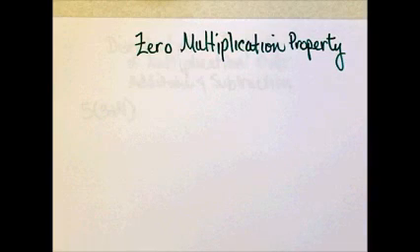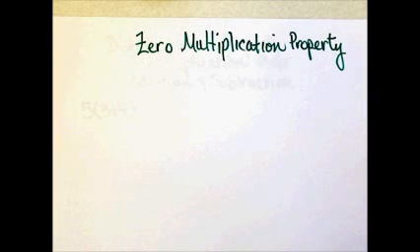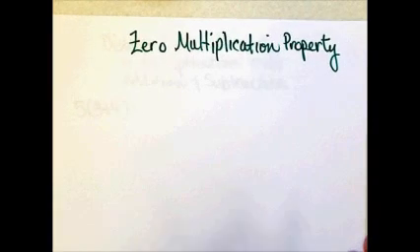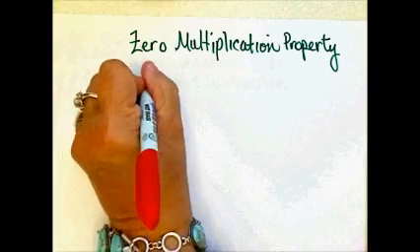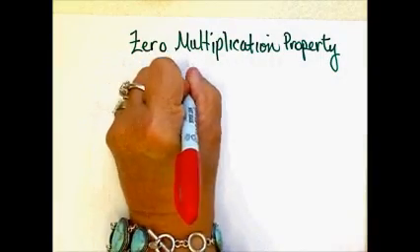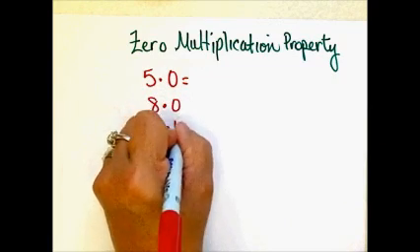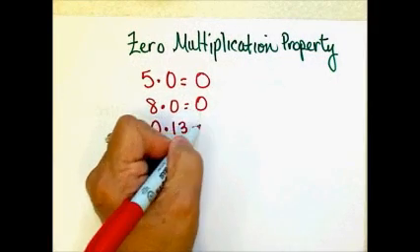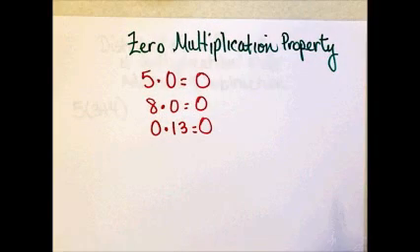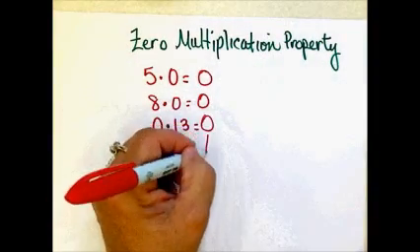Okay, now, the zero multiplication property, or the zero property of multiplication, depending again on what textbook you use. But any way you go about it, it means multiply by 0. Okay? So what happens when we multiply any number by 0? No matter what it is, the multiplication property of 0 tells me that if I multiply any number by 0, my answer is always going to be 0.